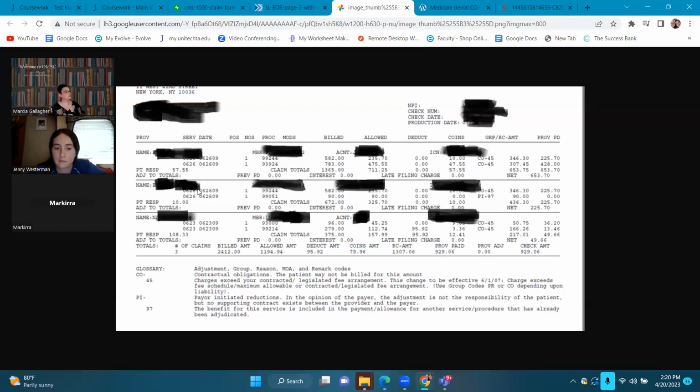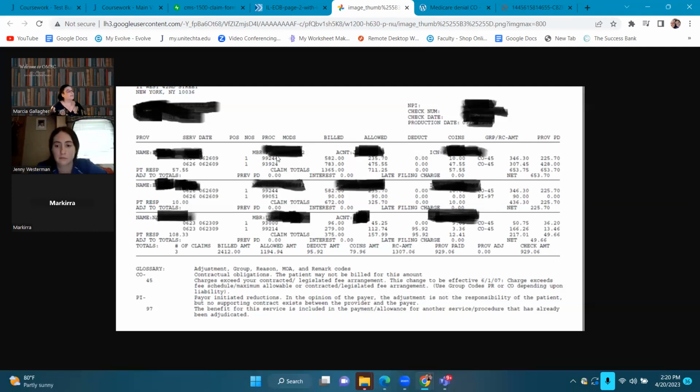This is an actual real document that somebody made safe to share, not something made up to look pretty. So this is a denial. What are they denying? They're denying everything.